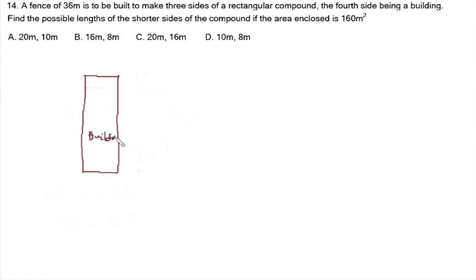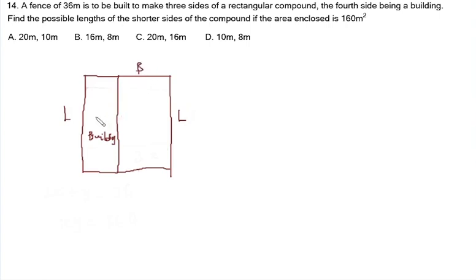They said the building has 3 sides that make up the fence of the compound, because they said a fence of 36 meters is built to make 3 sides of a rectangular compound. So these are the 3 sides of the fence. Let's say this is the length of the fence, and then this is the breadth.